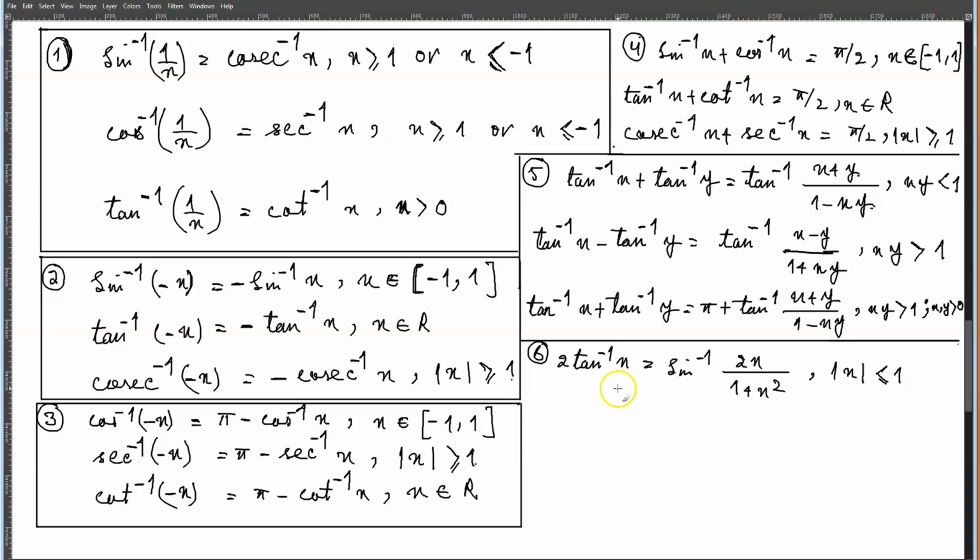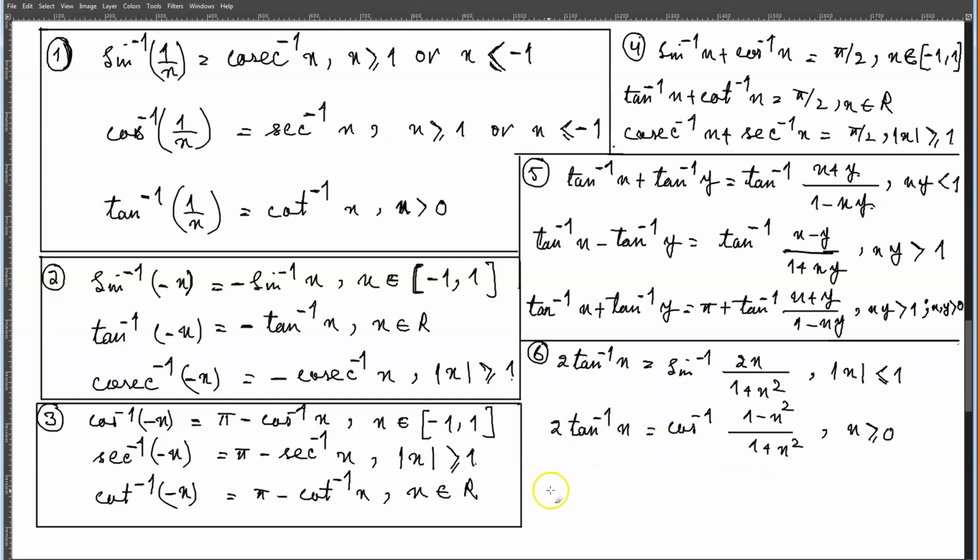And 2 times tan inverse of x is equal to cos inverse of 1 minus x squared over 1 plus x squared for x greater than or equal to 0.